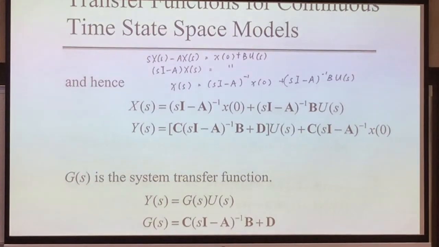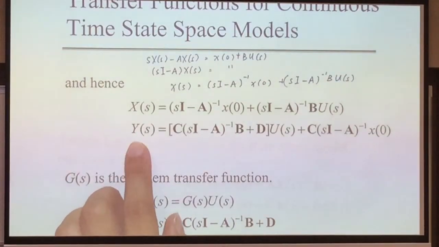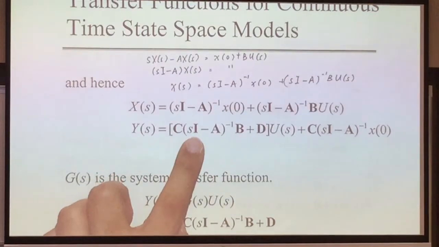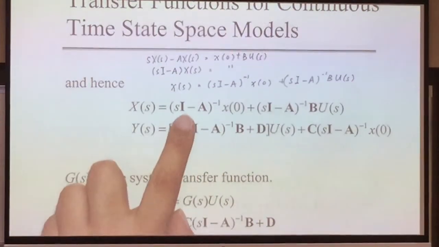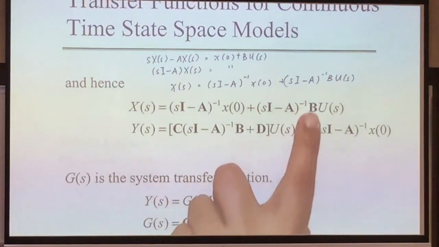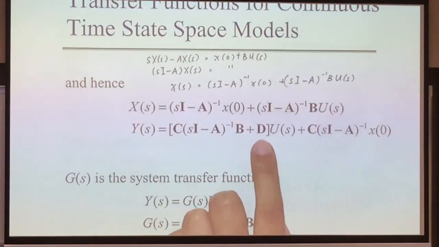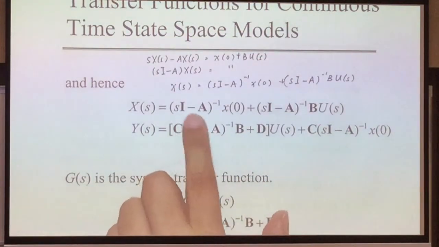Okay? So if you can collect this, remember that Y(s) is CX(s) plus DU(s). Okay, so substitute X(s) inside. So Y(s) is C times X(s), so C times (sI minus A) inverse times B U(s) from here, plus your DU(s), plus C times (sI minus A) inverse x0.